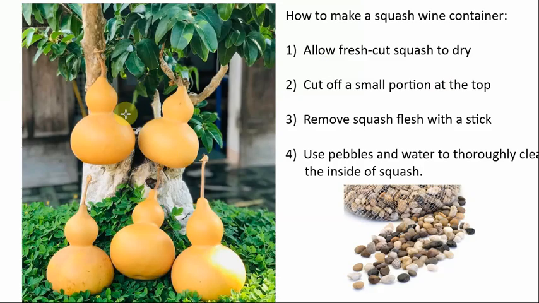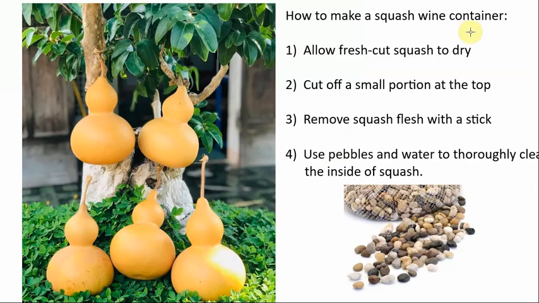After a few days of drying it out, people would cut a little portion at the top like this right here, and then they would use a stick to remove as much of the flesh inside of the squash as possible.